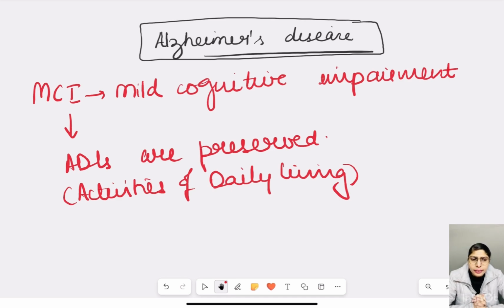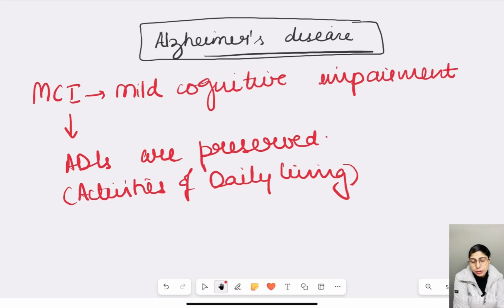Instrumental ADLs are doing something like cooking, shopping, going to the mall, exercising on their own. Those are all instrumental ADLs. So whenever there is memory loss, forgetfulness, or difficulty in finding ways, or a language issue, or any cognitive domain is affected and the activities of daily living are still preserved, right?